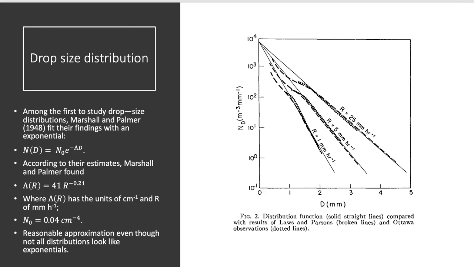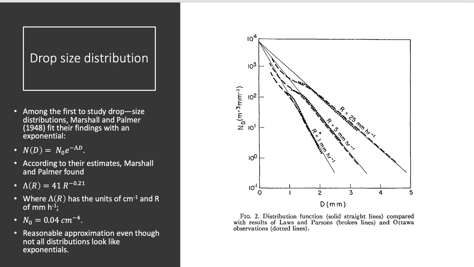So n0 is some kind of constant, and e to the minus lambda D is what describes the exponential behavior. Lambda, of course, has the units of 1 over meters or 1 over millimeters, according to how you measure the diameter. This here is a representation of these curves.